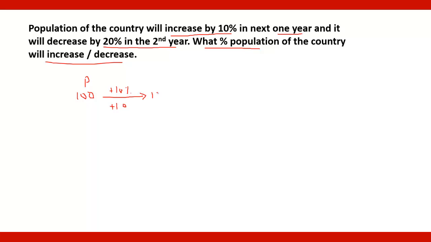So new population will be 110. In the second year it decreases by 20%, that is minus 20. So 20% of 110, 10% will be 11, another 10% will be 11, and together it will be 22. So this population is decreased. So 110 minus 22, that will be equal to 88.